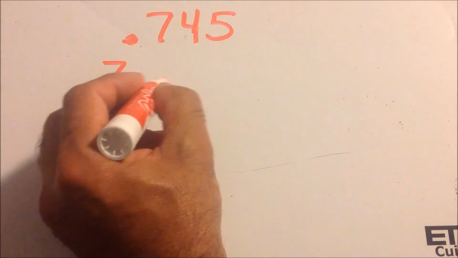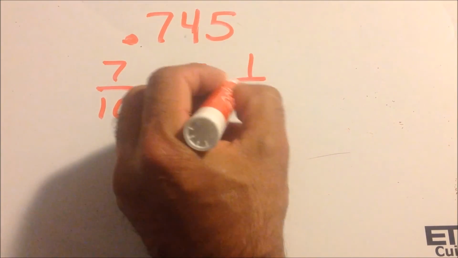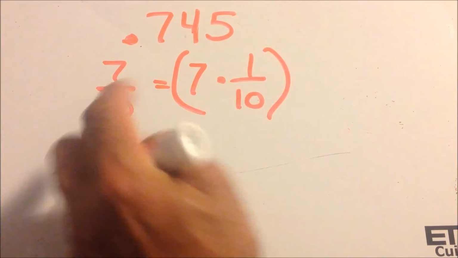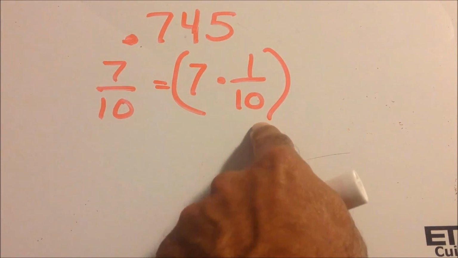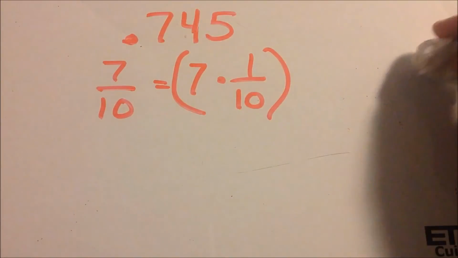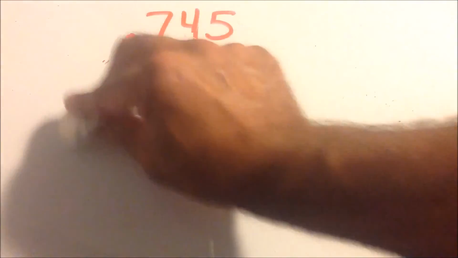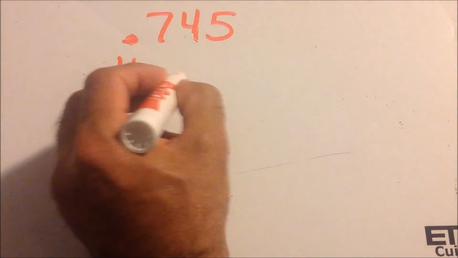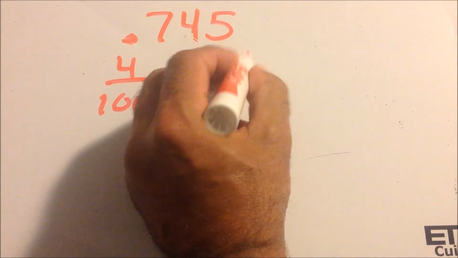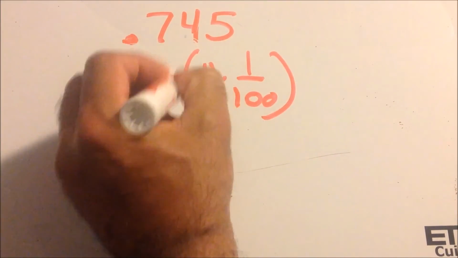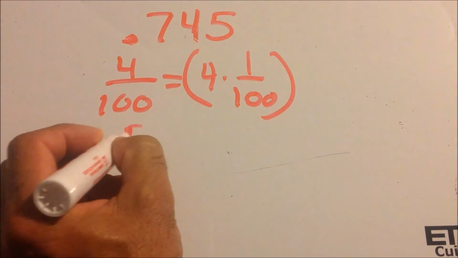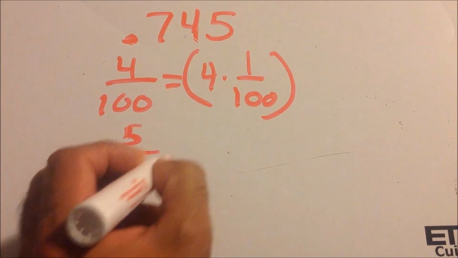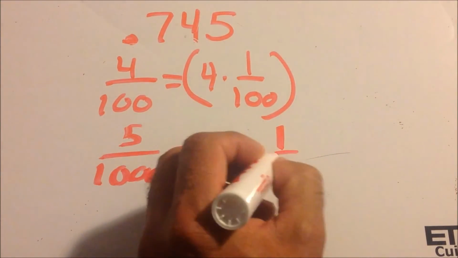Well, you can say 7 tenths is 7 times 1/10. And then the 4 is in the hundredths, right? So that's 4 times 1/100. And the 5 is in the thousandths, so that equals 5 times 1/1,000.